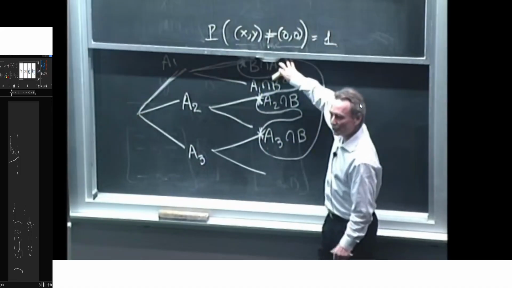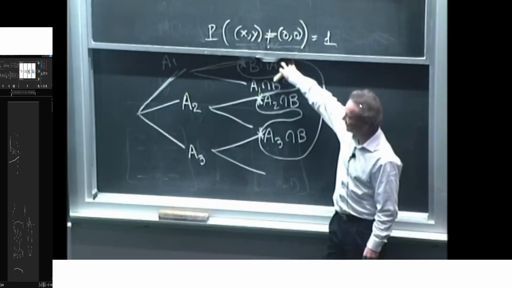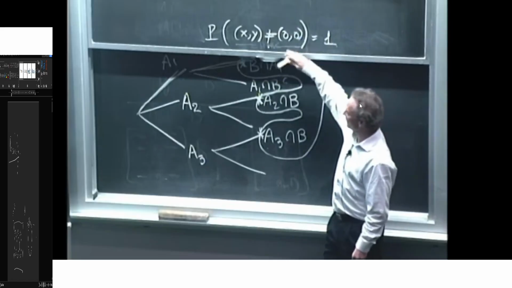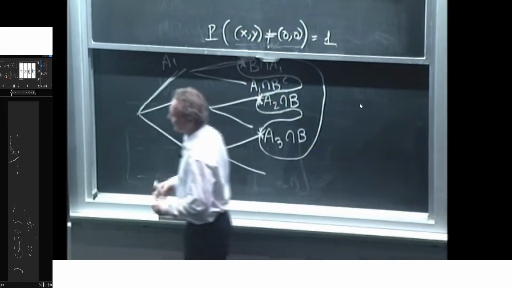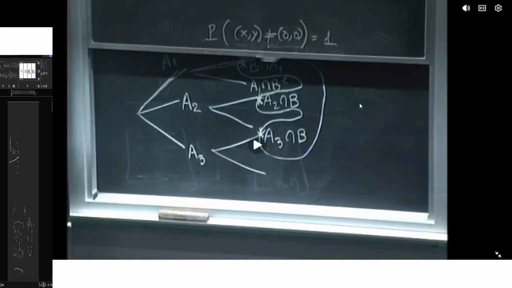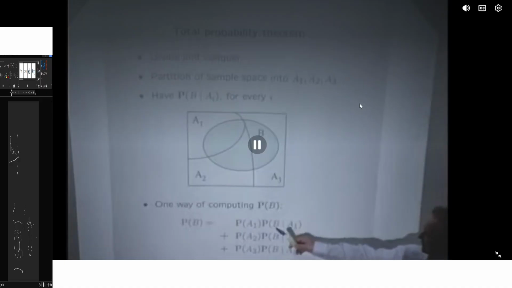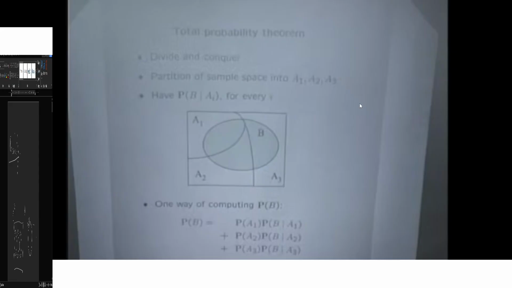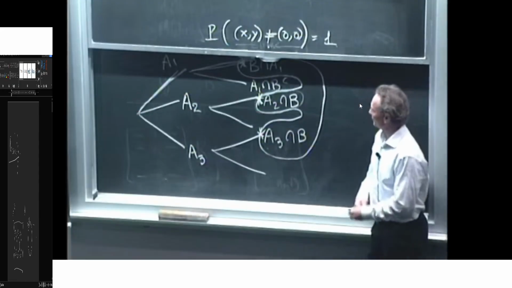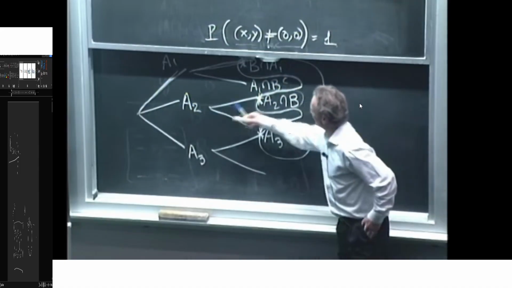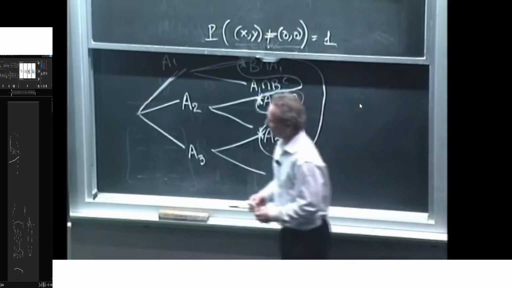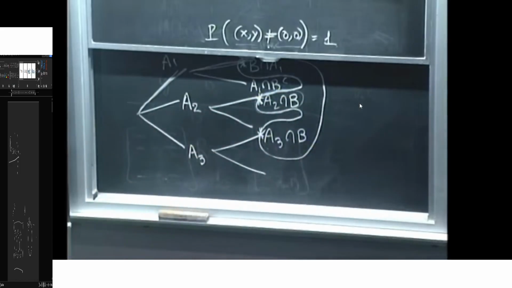For each one of those contingencies, we can calculate its probability by using the multiplication rule. So the probability of A1 and B happening is the probability of A1 and then B happening given that A1 happened. The probability of this contingency is found by taking the probability that A2 happens times the conditional probability of B given A2, and similarly for the third one.